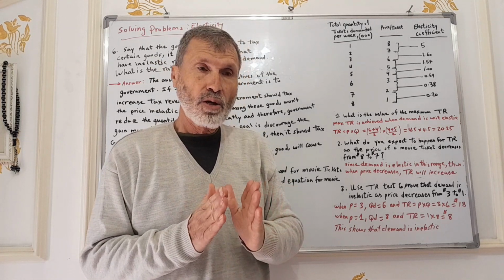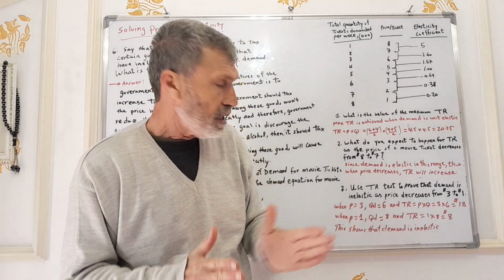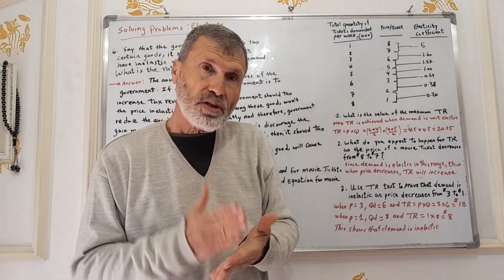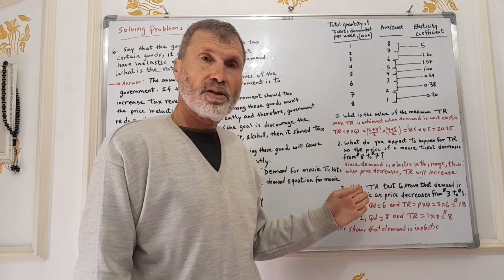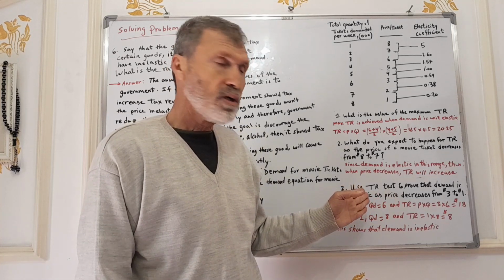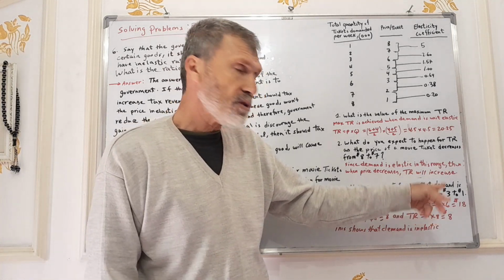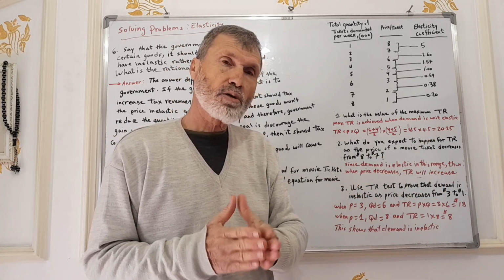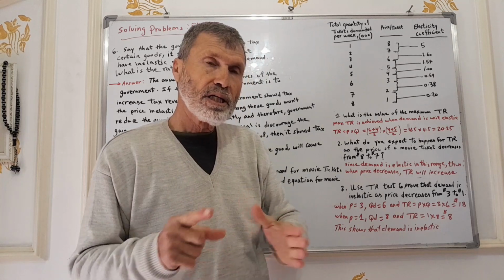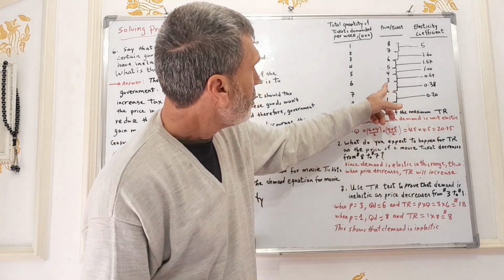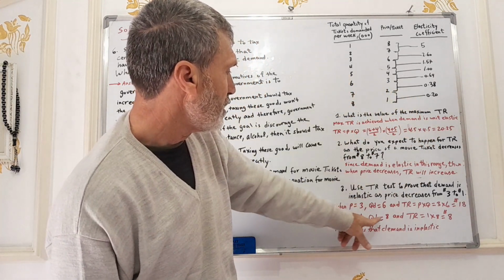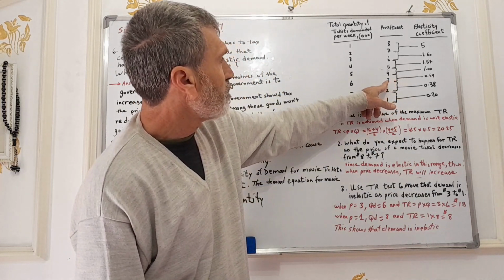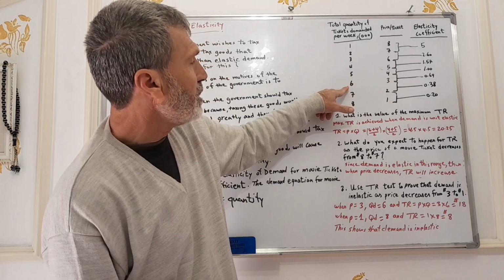We know that when a price decreases in the inelastic portion of the demand curve, total revenue will decrease. So let's calculate total revenue when the price is 3 and when the price is 1. When the price is 3, total revenue equals price times quantity. So 3 times 6, because when the price is 3, the quantity is 6.